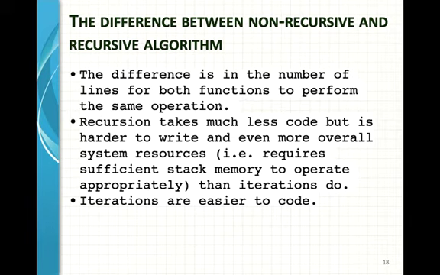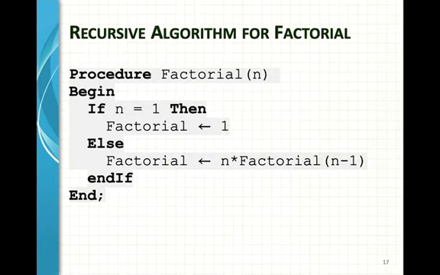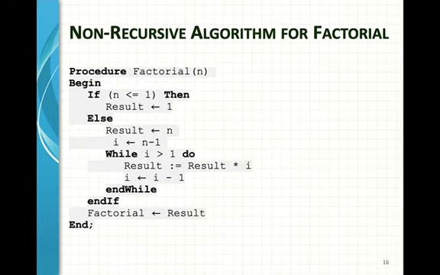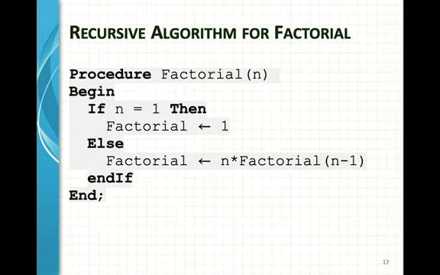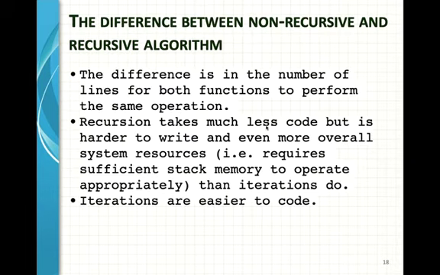It can be easily seen that the non-recursive version requires much more code; its coding lines are greater than the recursive algorithm. Obviously recursion takes much less code, but it is harder to write and uses more overall system resources, that is, it requires sufficient stack memory to operate appropriately than iterations do.